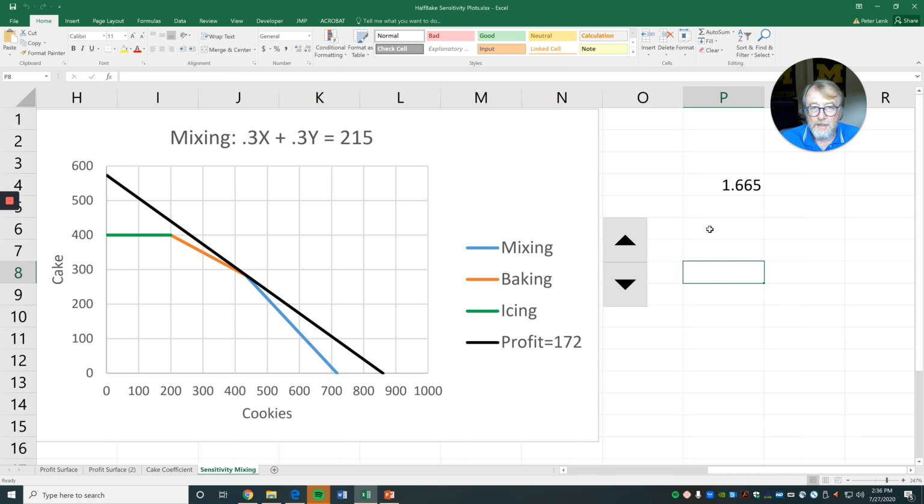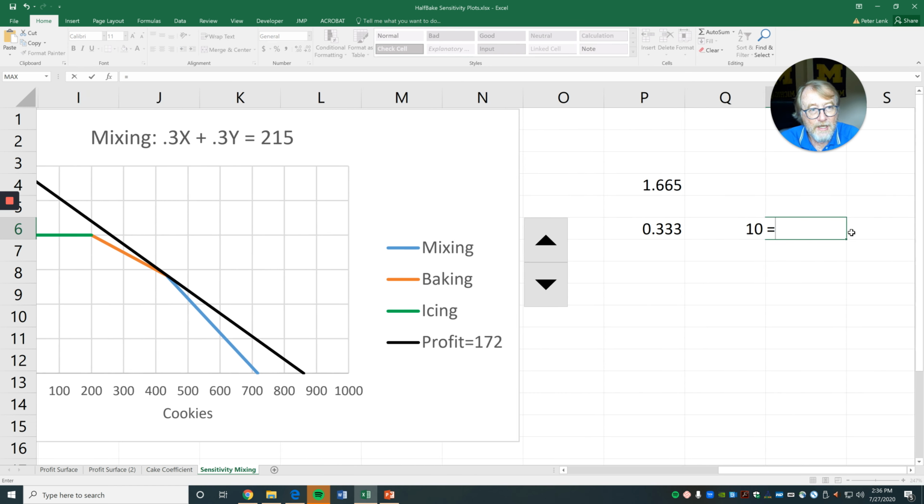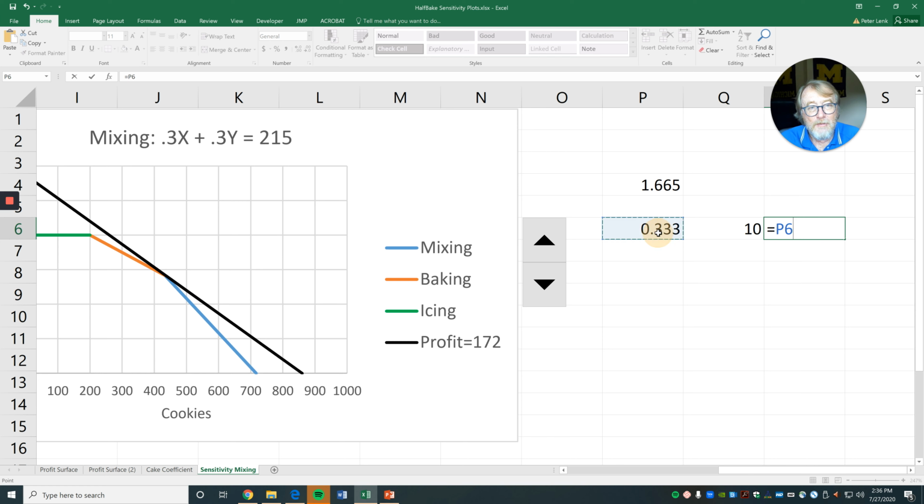Okay. So again, the way you would use that shadow price is, let's say the shadow price was 0.333 for mixing. If I added 10 hours of mixing time, then my increase in profit would be 10 times 0.33. Or if I had 20 hours, it would be that.